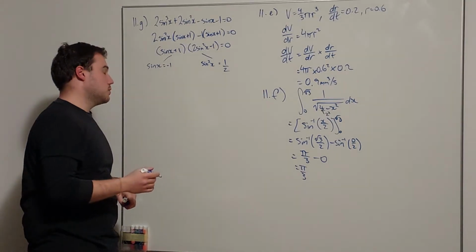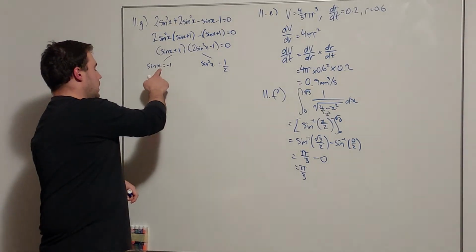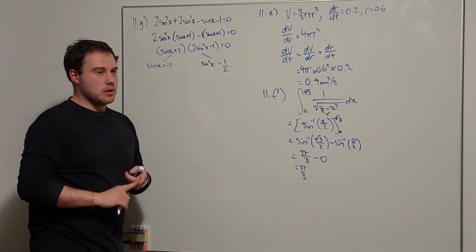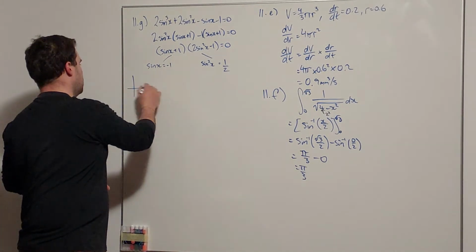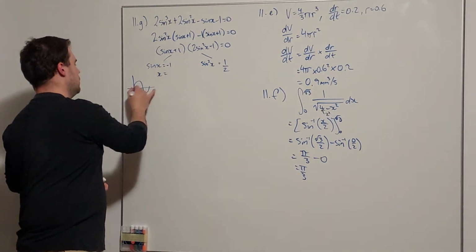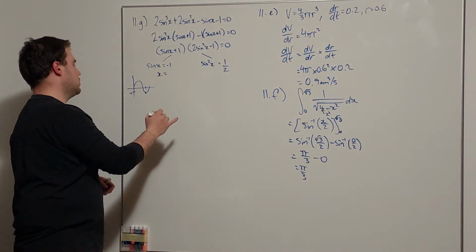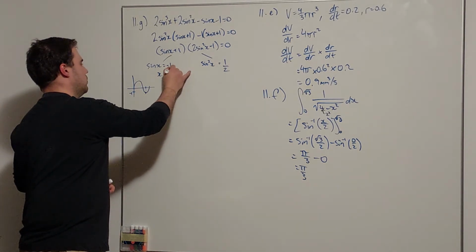If we add 1 to the other side and then divide by 2, when does sine squared x equal half? So this one, we're just going in between 0 and 2 pi, so sine x equals -1 is when x equals 3 pi on 2.